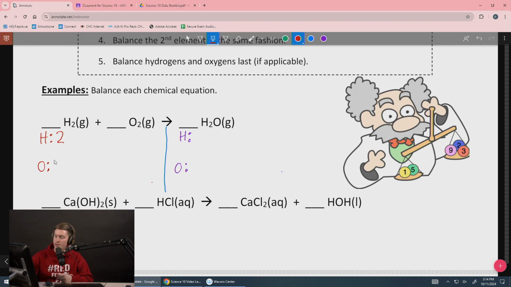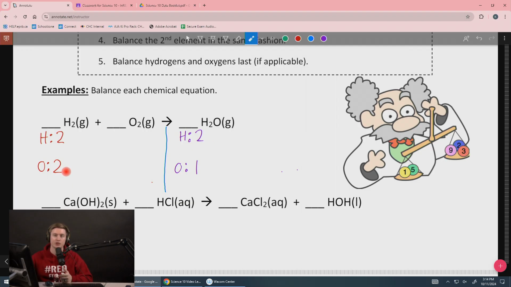I also start with 2 oxygens for the same reason. On the product side, I have 2 hydrogens and I have 1 oxygen. Now I start to balance. I've got 2 hydrogens here and 2 hydrogens here, so I'm happy. I don't need to change anything.